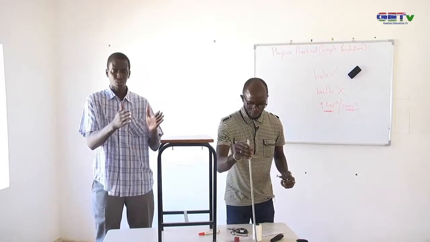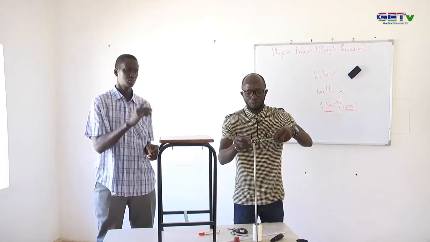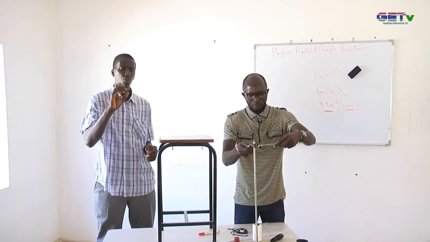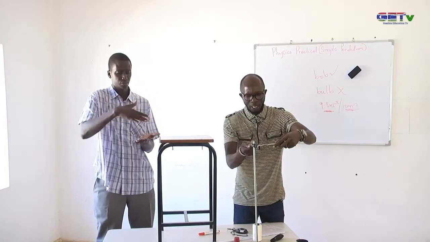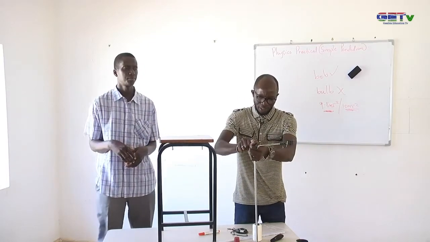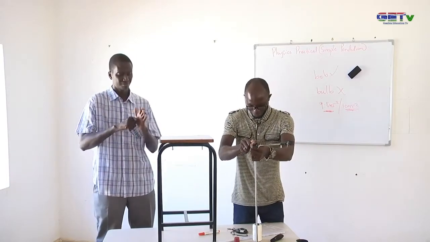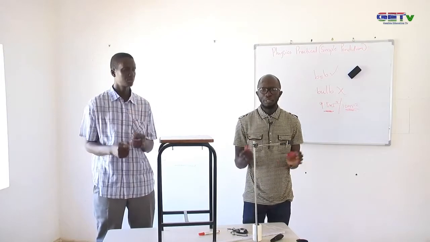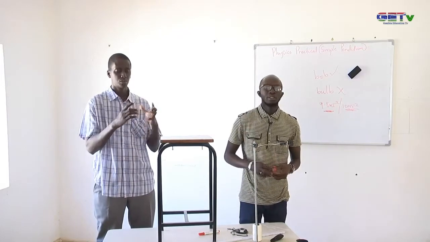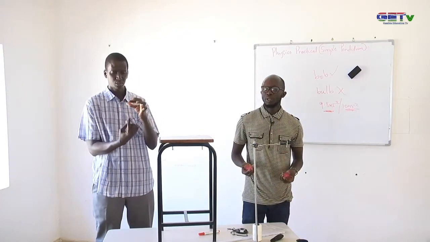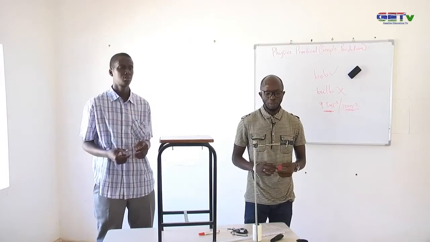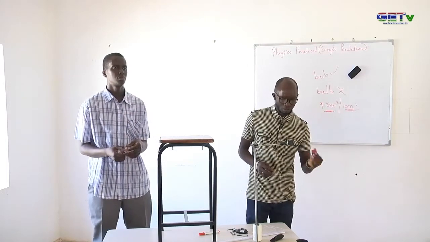Now this is our retort stand. We will attach the clamp, the boss on it, and tighten it firmly. Now this is our split cork. In some cases, you are provided with just coins, maybe 2 similar coins. You can use them instead of a cork if you don't have a cork.